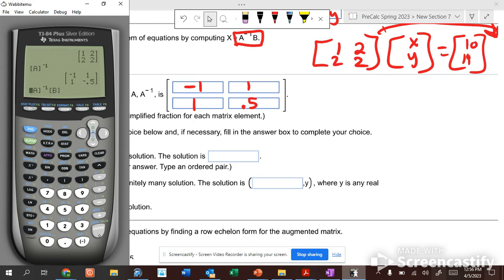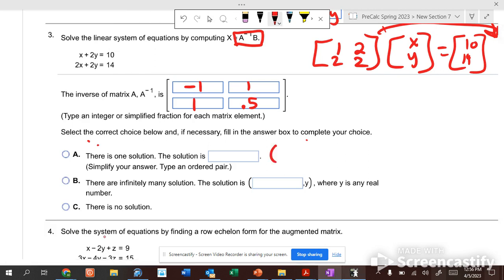And if I quit out of here and I hit enter on my AB, the answer is going to be 4, 3. X equals 4, Y equals 3. So 4 plus 6 equals 10, and 8 plus 6 equals 14. I solved my equations simultaneously using a graphing calculator using matrices.